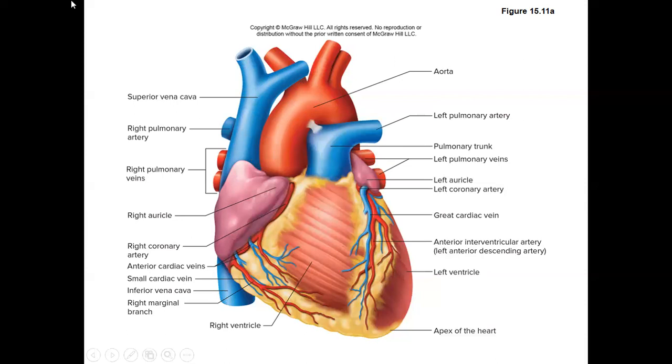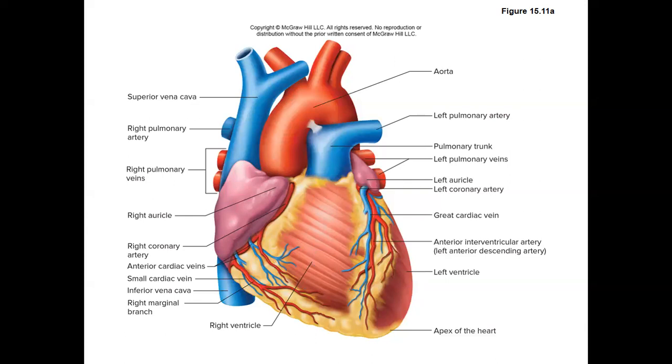So you have blood coming from the body, the head and neck, and the rest of the body. It gets deposited into this right atrium. From the right atrium, the blood gets pushed into this right ventricle. From the right ventricle, the blood gets pushed up. Remember, this is deoxygenated, meaning it has little oxygen, so it needs more oxygen.